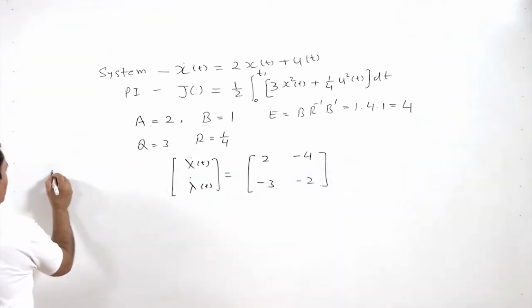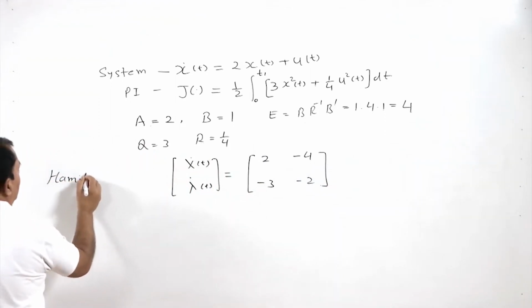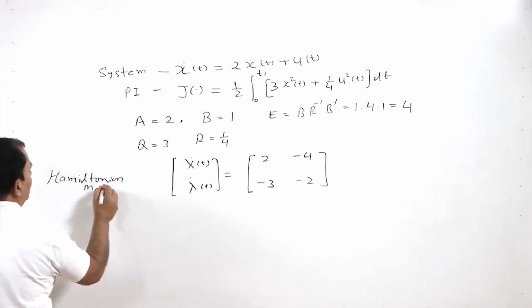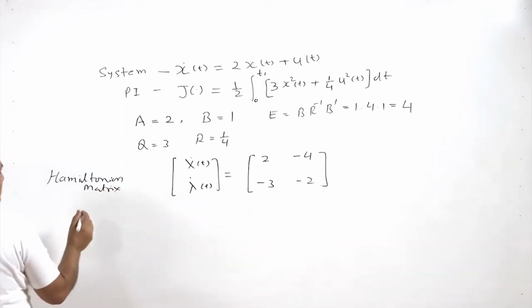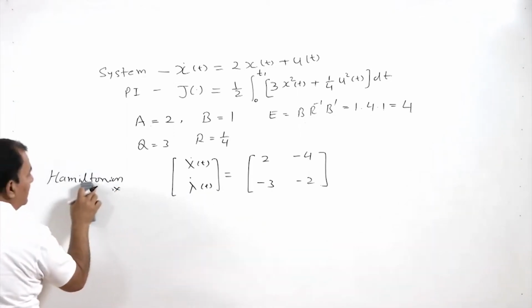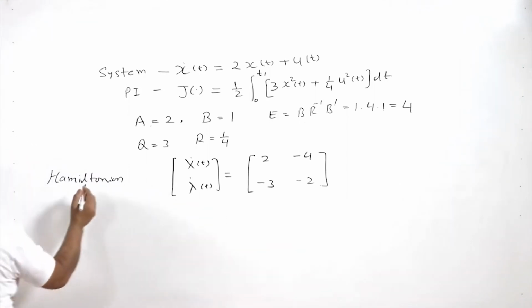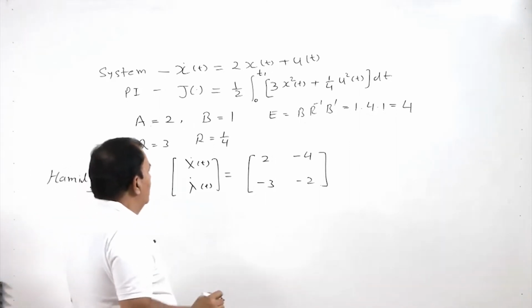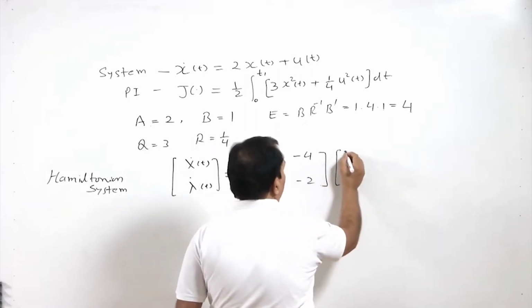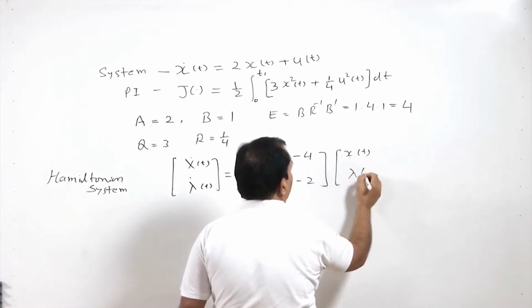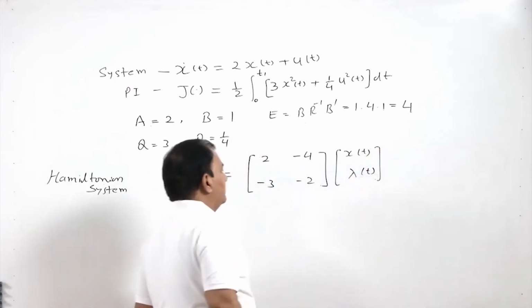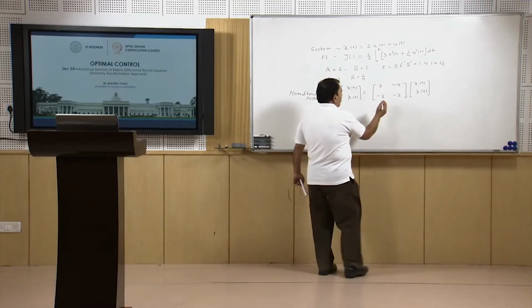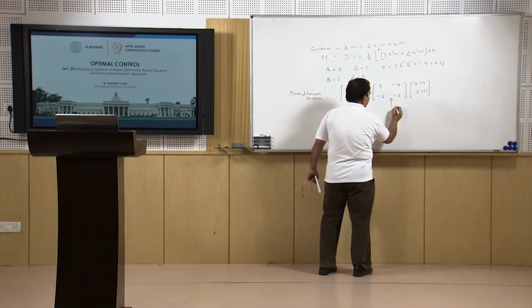This is nothing but my Hamiltonian system or Hamiltonian matrix, multiplied with x(t), lambda(t).